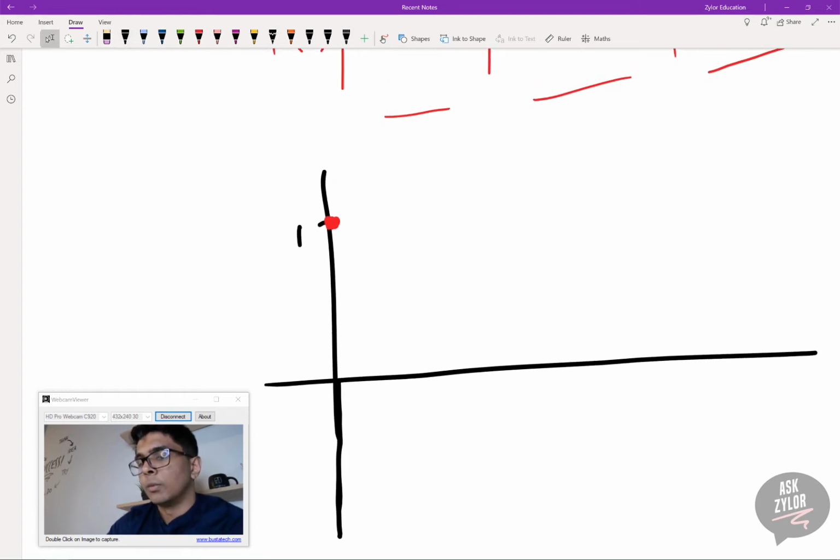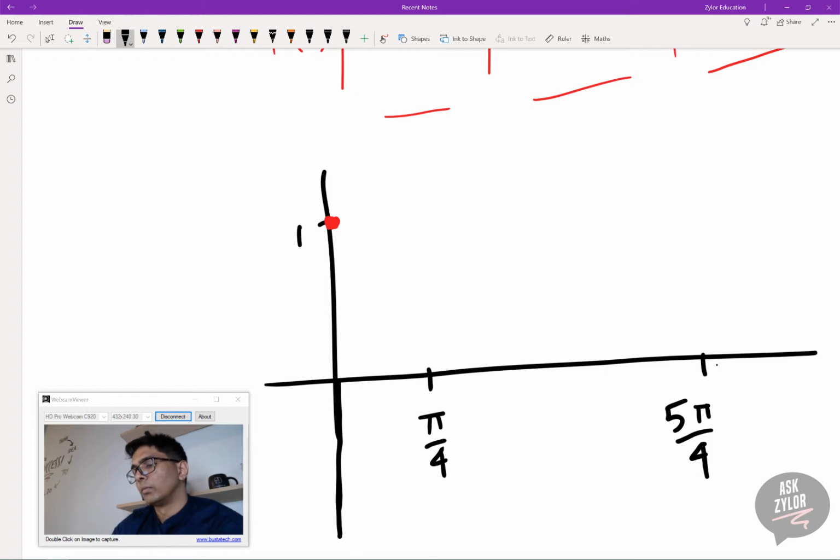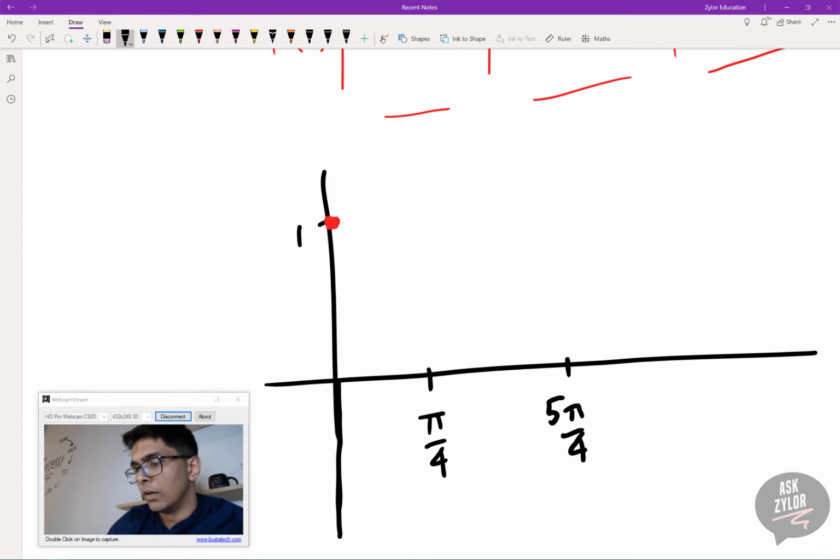And then I have critical points at pi over 4 and 5 pi over 4. Right. I should condense this just to show the whole period. So I'm just going to say this is 5 pi over 4, and all the way here is going to be 2 pi, and somewhere here is going to be pi.